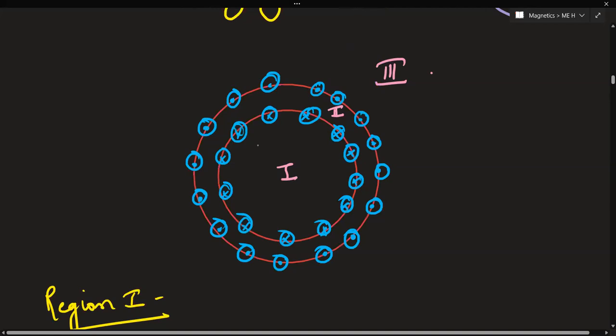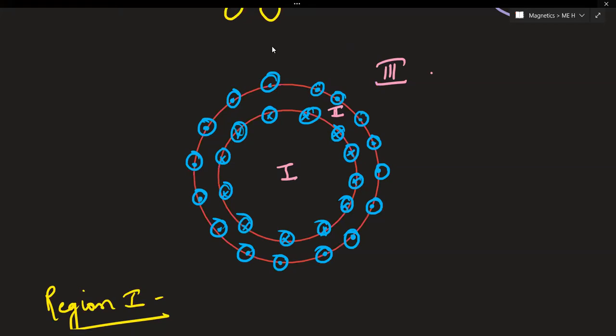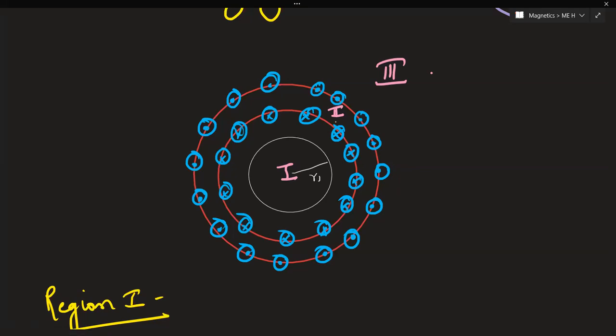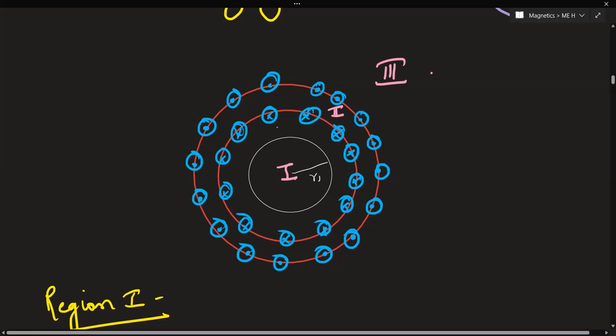If I choose an Amperian loop for this region, this is the best possible Amperian loop that I can take. Let's say radius R1 is the radius of this region. So class, is there even a single magnetic field that is getting enclosed within region 1?